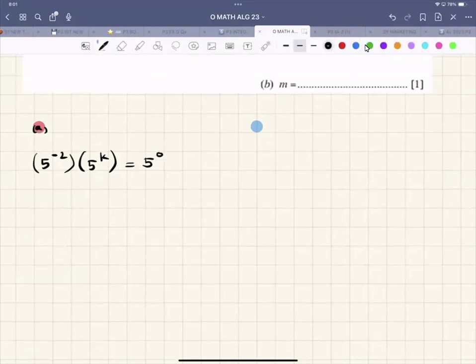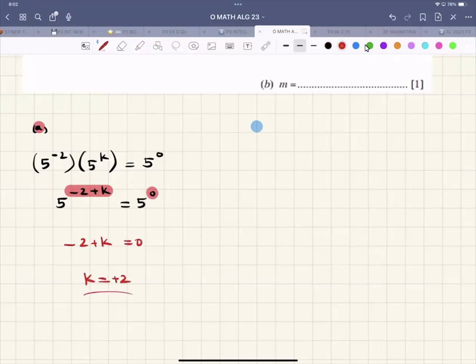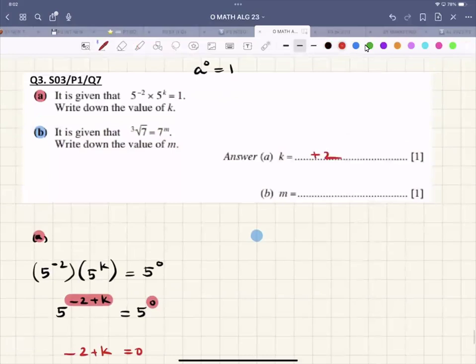Therefore, 5 raised to power of negative 2 into 5 raised to power k is 5 raised to power negative 2 plus k. The powers add up, equals 5 power 0. So therefore, focus on this one. That's this and this are equal. Therefore, minus 2 plus k equals to 0. Therefore, k comes out to be positive 2. So k comes out to be positive 2 for 1 mark.